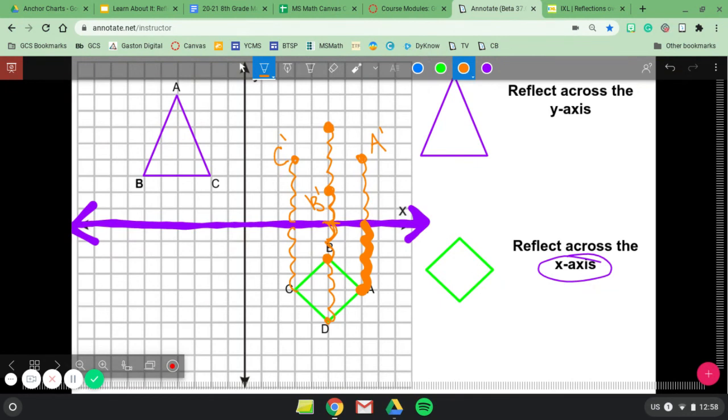And then when we draw our new diamond, let me label that D prime. When we draw our new diamond, our new image, it is a reflection or a flip across the x-axis.